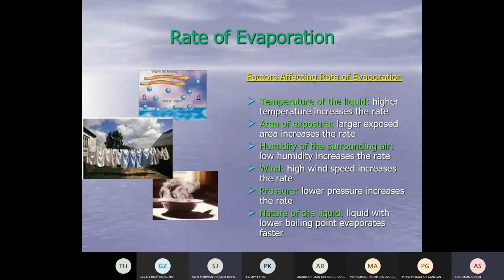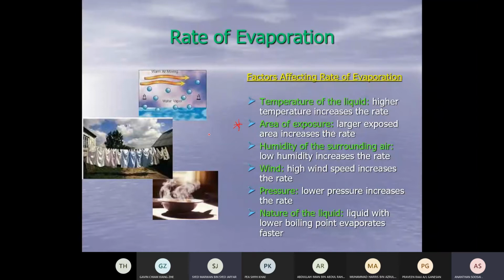So, rate of evaporation. How do you make evaporation faster? Let's say you have a cup of coffee. How do you make it evaporate faster? The area of exposure: the greater the area of exposure, the greater the evaporation.